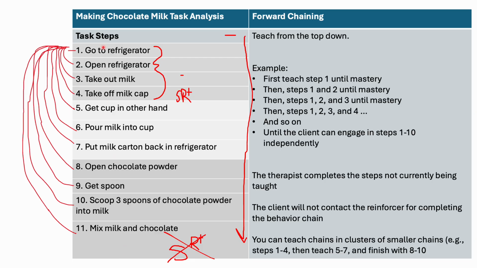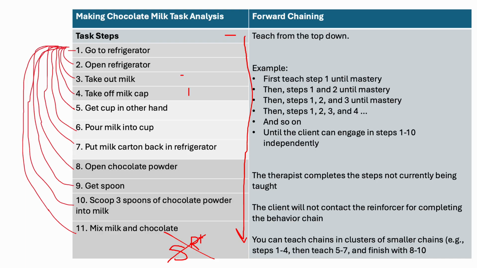Another thing that we can do with forward chaining is that we can have a variation of forward chaining, which is where we don't necessarily teach each individual skill one by one and progressively increase what step we're working on, but rather we can work on clusters of skills. Okay.